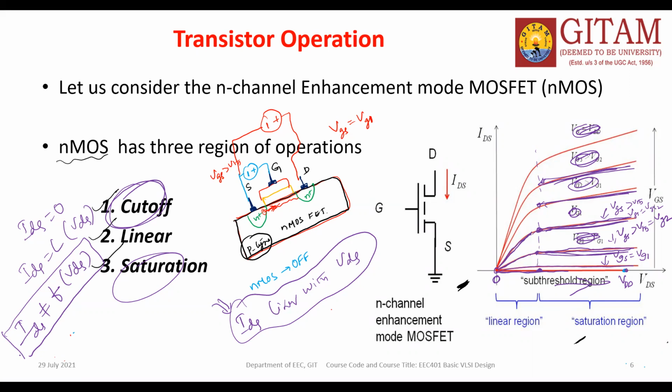The third point, very important: even if we increase the VDS value, IDS does not depend on the variations of VDS. In that situation, we call it the saturation region of operation.